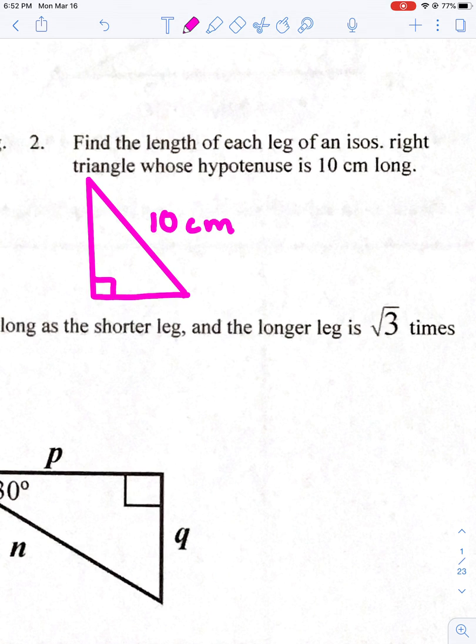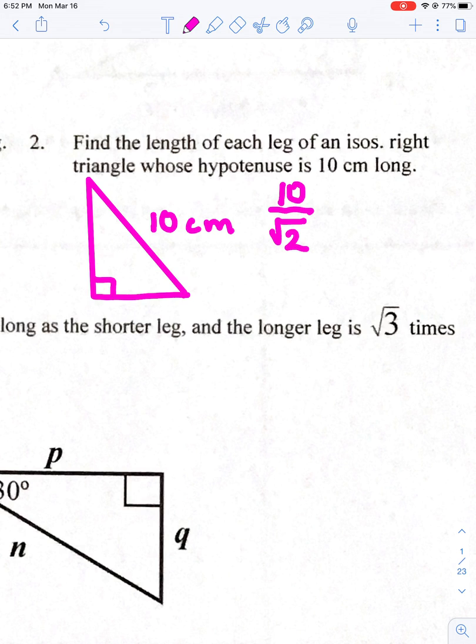And the question is, what is the length of each one of the legs? Well, the hypotenuse is always the longest side length of a triangle. So if I am going backwards to get from the hypotenuse to the leg, instead of multiplying by radical 2, I'd be dividing by the factor of radical 2.